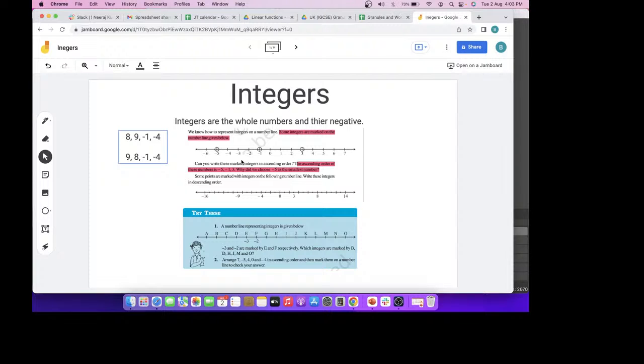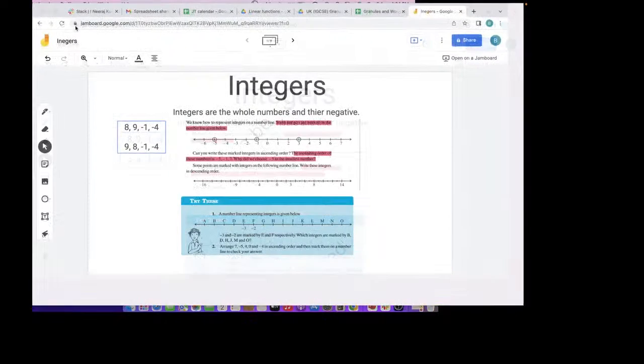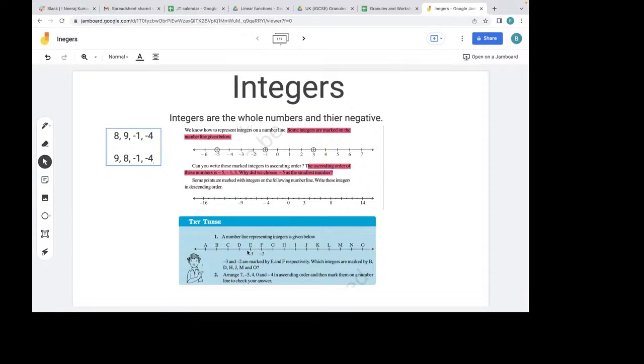All right, now let's take a few of these examples. Here we can see some examples. Try these. Number 1: a number line representing integers is given below. So here we can see a number line.